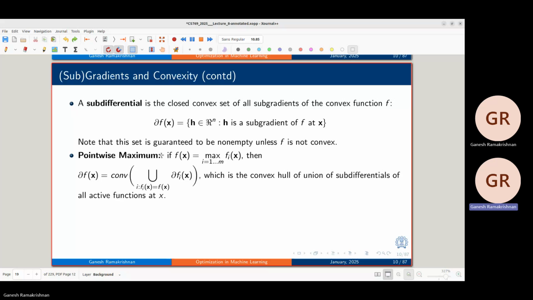So for supremum, okay, very good point. The set of active functions could be empty. Yeah. So what would you do? Small extension.